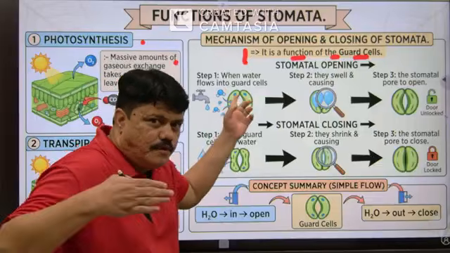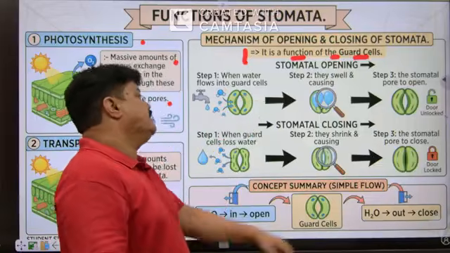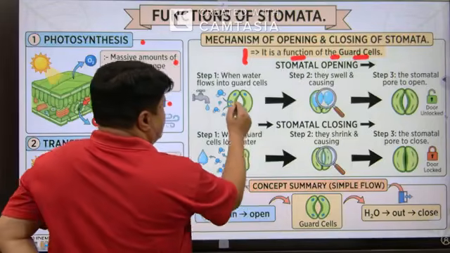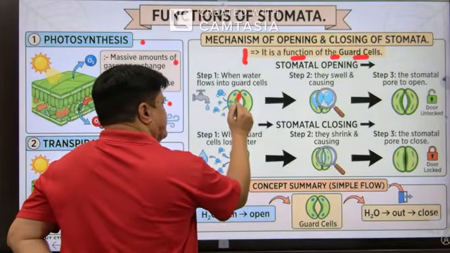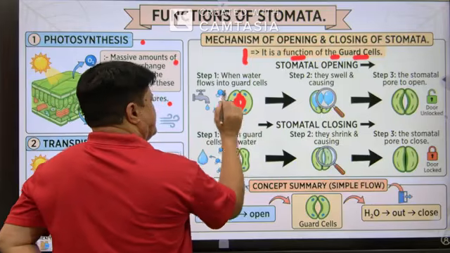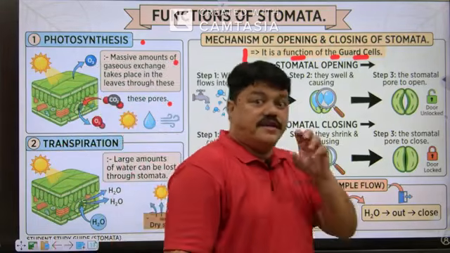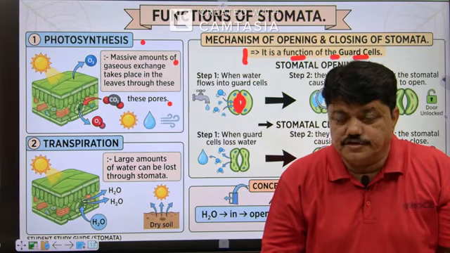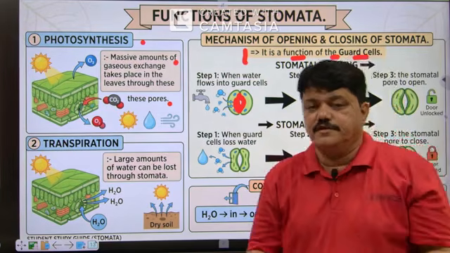When water flows into the guard cells, one important thing is that the walls near the pores, or surrounding the pores, are thickened, and the walls away from the stomatal pores are thin-walled.